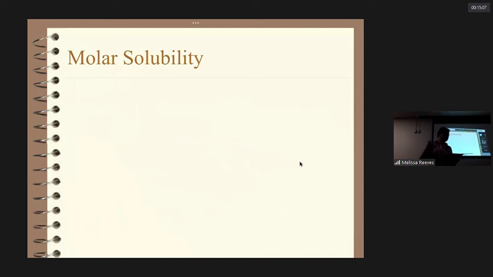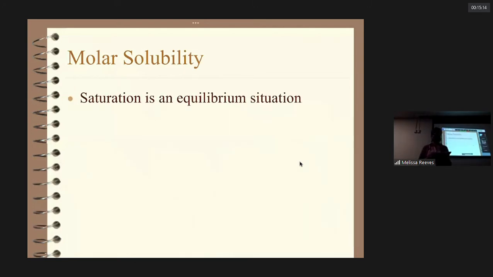So there's something related to the KSP problems, which is called molar solubility. So at saturation, which is the equilibrium state, where you have the maximum amount of dissolved ions, you call that a saturated solution. And the way you make it is you put in way more solid than can actually dissolve. And so the maximum dissolves, and there's still solid at the bottom, and that helps maintain that saturation level.